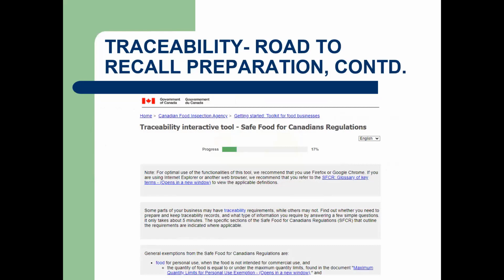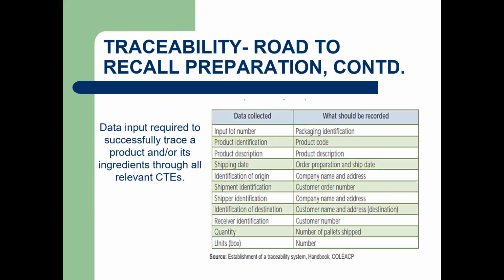This is the Government of Canada's website. They have a traceability interactive tool. So you enter your information, what your business does. Are you importing? Are you exporting? And based upon that, it would calculate how much traceability is needed by you. If you are eligible for a one step back, you can definitely try that to see.